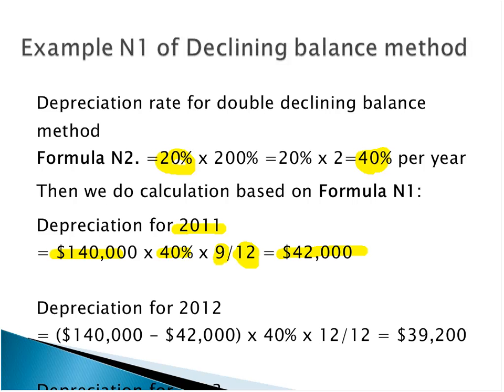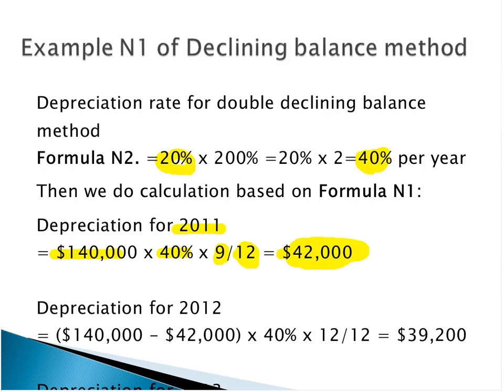From April to December is 9 months, right? 9 months only. It's not a full year, because we are buying in April only. So you have to remember about these things. So in the first year, at the end of 2011, the depreciation cost of this equipment will be equal to 42,000, right? Based on the formula.